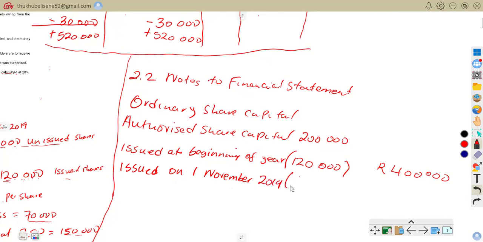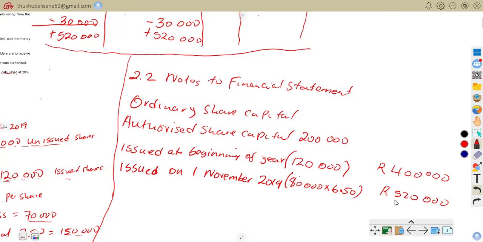This is where we have the 80,000 multiplied by 6 rand 50 per share, so that we get the 520,000 that we talked about.